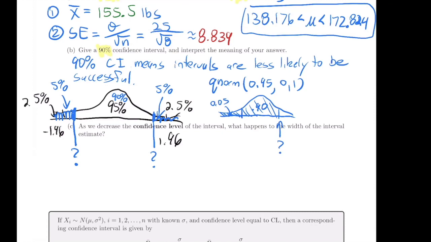So here, for the 90% confidence interval, be careful. We're plugging in not 90, but 0.95, because we want to include the middle 90% as well as the stuff in the tail on the left. And this comes out to, if you've got R open, 1.645.